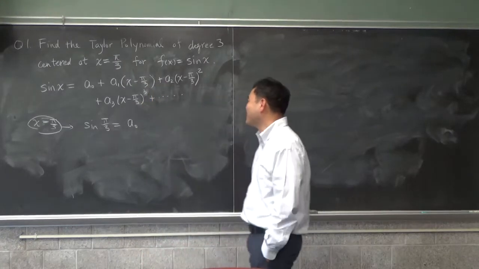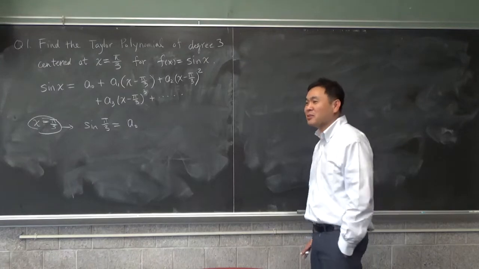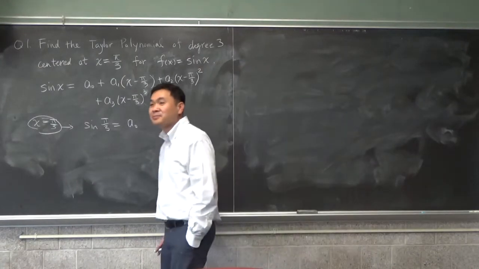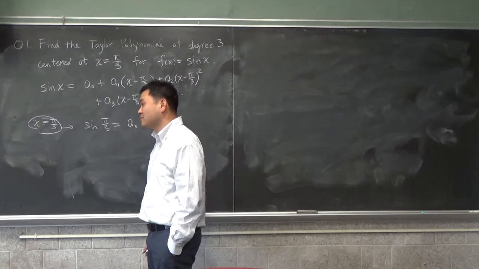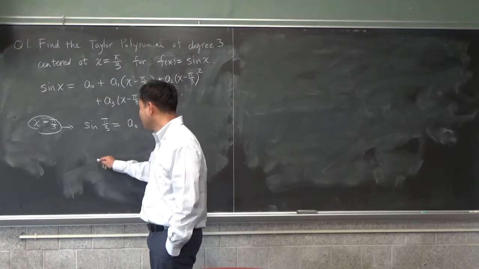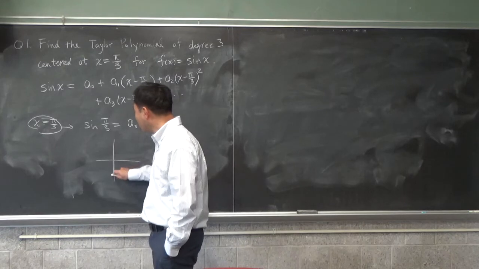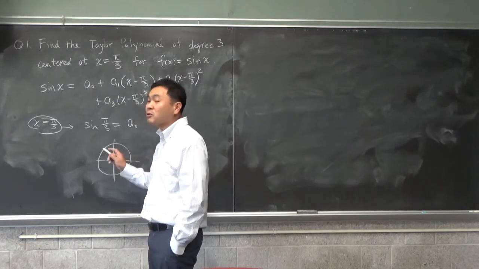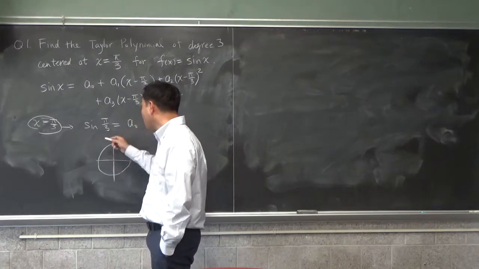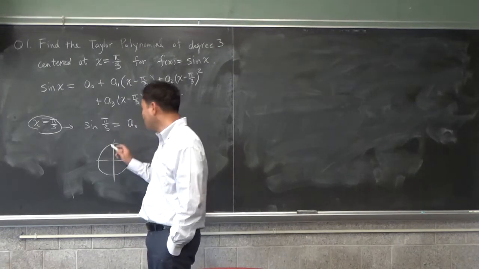Okay. So what is sine pi over 3? Pi over 3 in degrees is 60 degrees.